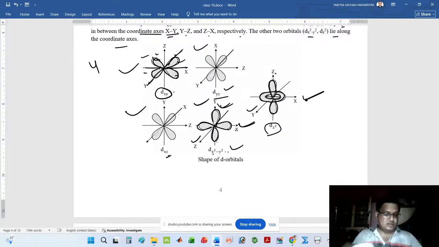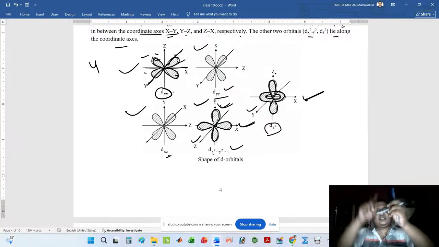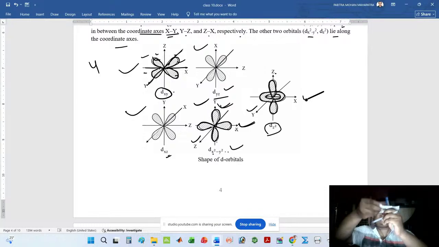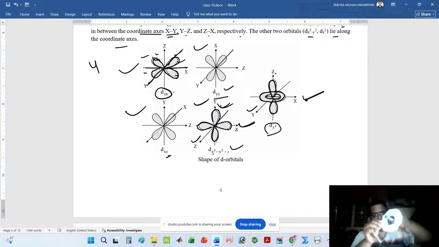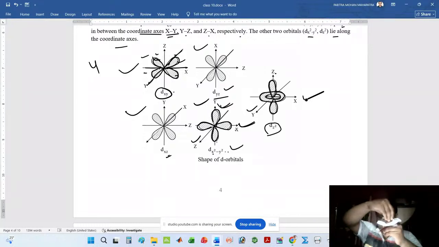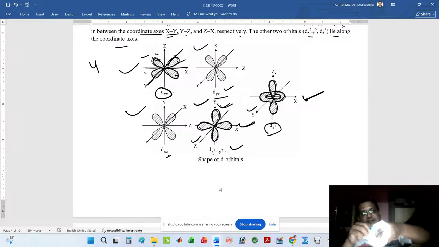This is not circularly present. Let me explain. This is suppose your x-axis, this is your y-axis, this is your z-axis. Then it is present like this. Look at that. Here one lobe is present, the second lobe is present here. Here a ring is present like this. Clear?